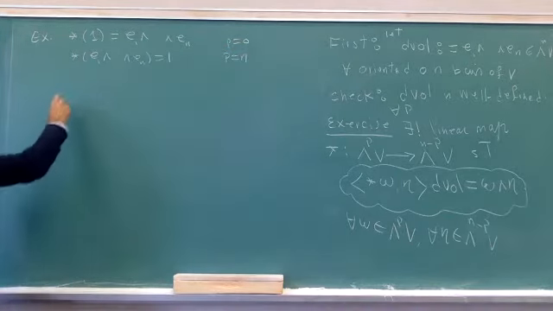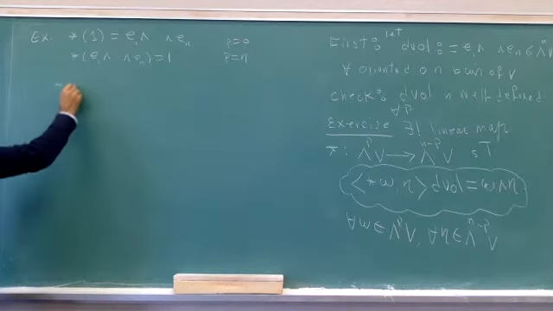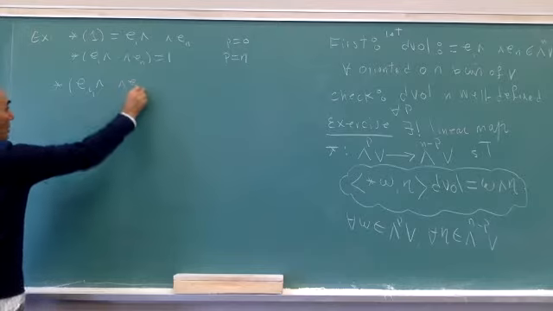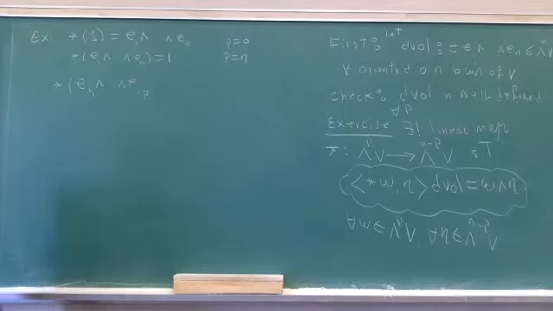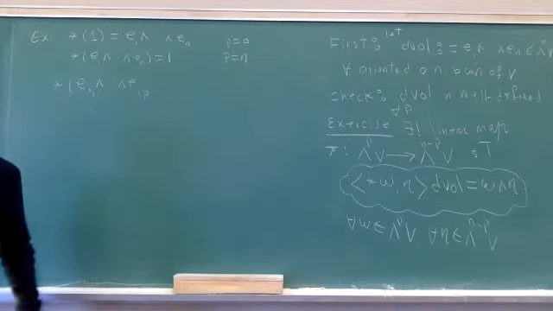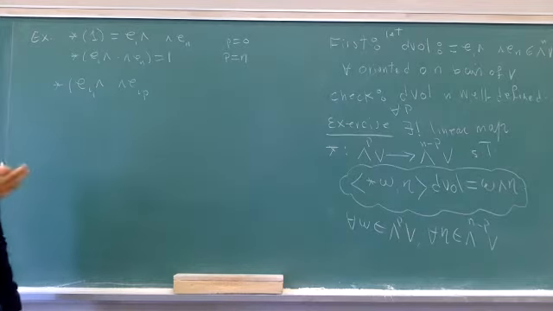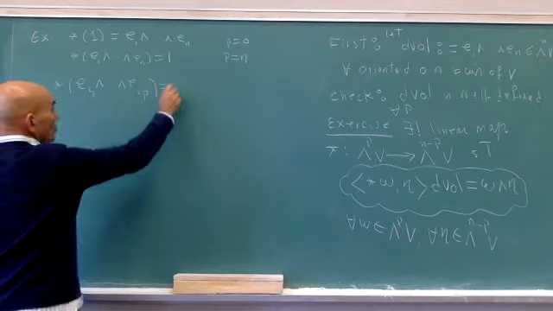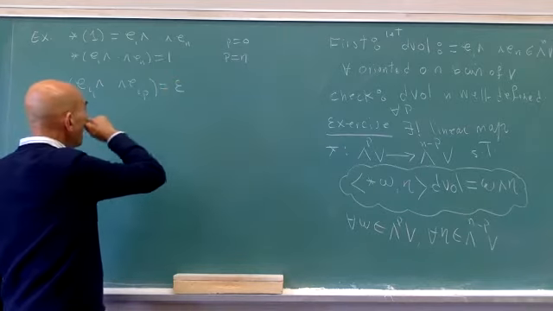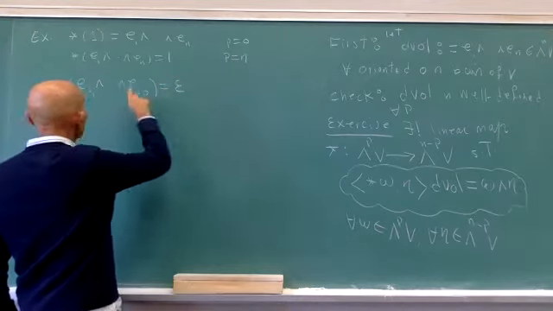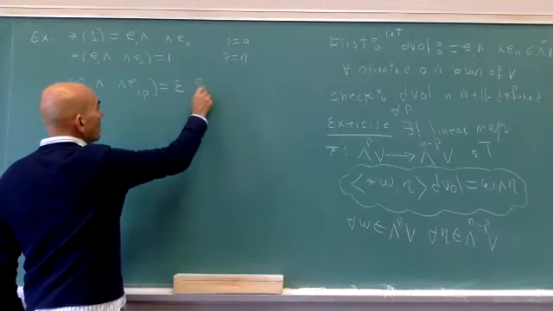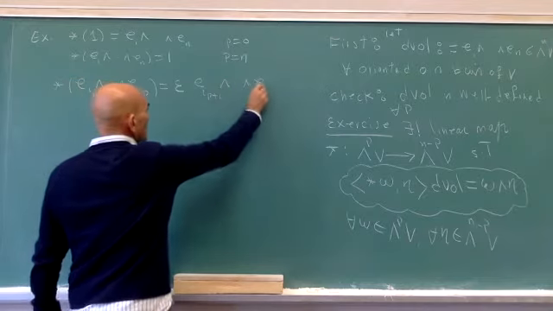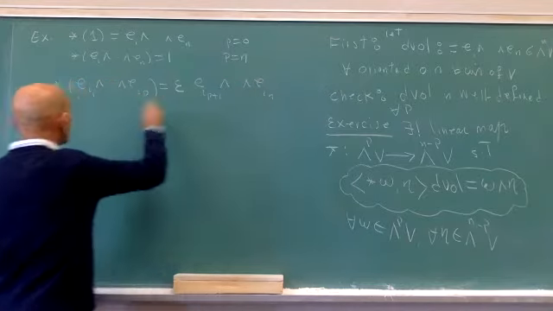And in general, you can say star of E_I1 wedge ... wedge E_IP, in any order. I'm not choosing any increasing or decreasing order, any particular order. The star of this is equal to epsilon times E_IP+1 wedge ... wedge E_IN.